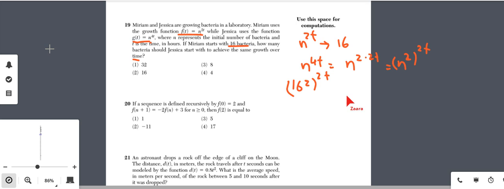This is the growth function, where n represents the initial number, for her initially 16, and for Jessica, how many bacteria should she start with to achieve the same growth rate? So we have to write it with the same growth rate. So we will convert it when we are at this point.